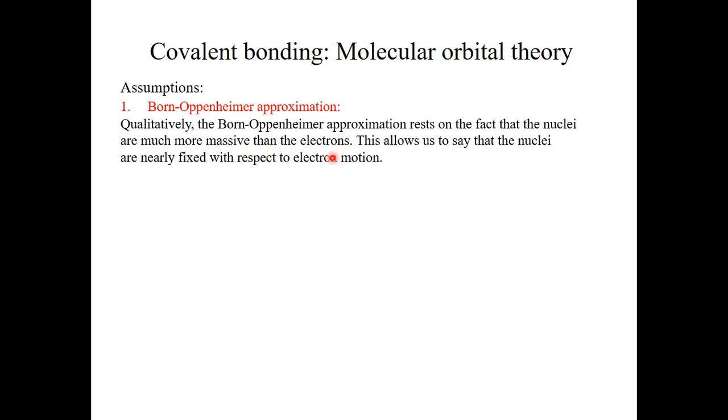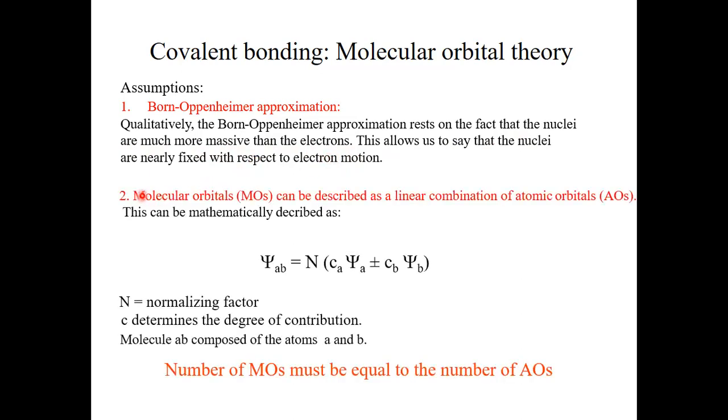The second axiom says that molecular orbitals can be described as the linear combination of atomic orbitals. A linear combination means a vectorial addition. So as we construct molecular orbitals, we vectorially add atomic orbitals together.